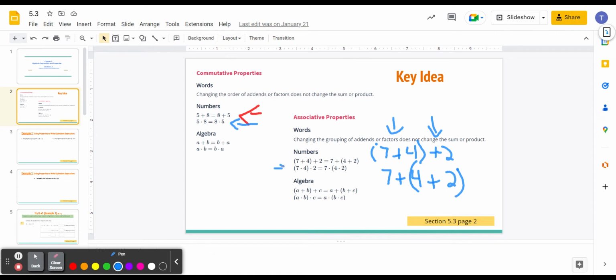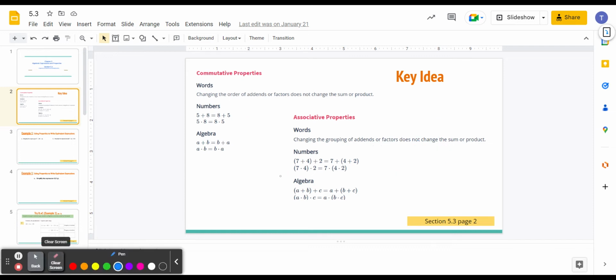For example, showing here, if you did 7 plus 4, oh, sorry, my fault. Let me erase. How do I get back to my eraser? Okay. All right, so saying right here, when we have 7 plus 4 plus 2, okay, 7 plus 4 is 11 plus 2, which is 13.